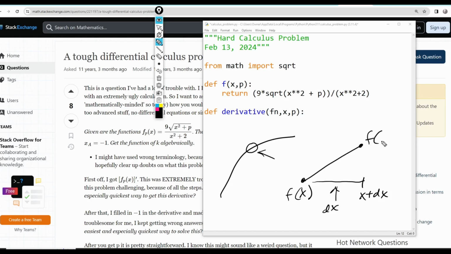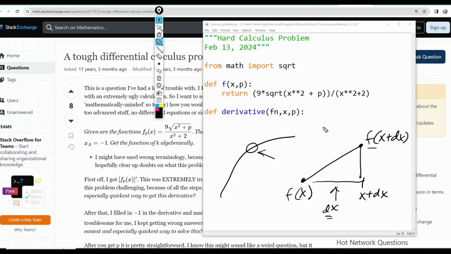All right, and this is x plus dx. And this is going to be f of x plus dx. So if this is a straight line, then the rise is going to be f, the function, the y values, the f of x plus dx minus f of x. And the run is just going to be dx, like a millionth or something like that. That's how we're going to find the derivative at each of these points. We're going to say, start off at 0, p being 0 and p being 1, and so on.